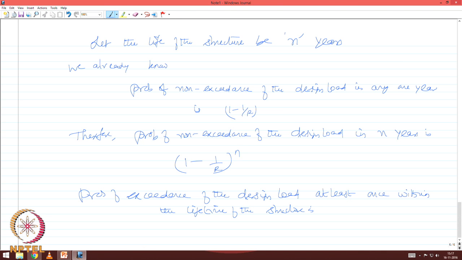So, probability of exceedance will be 1 minus (1 minus 1 by r) to the whole power n. So, I should say now probability of exceedance of the design load at least once within the lifetime could be 1 minus (1 minus 1 by r) raised to the power n.